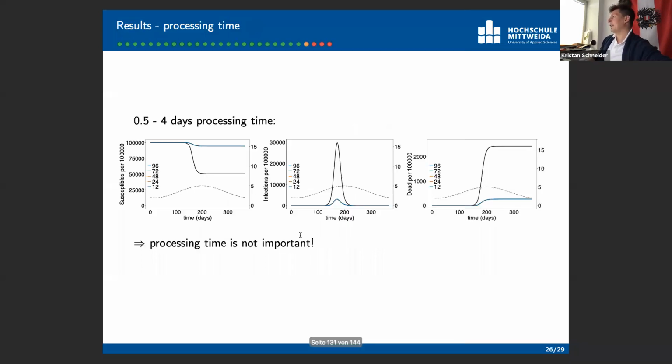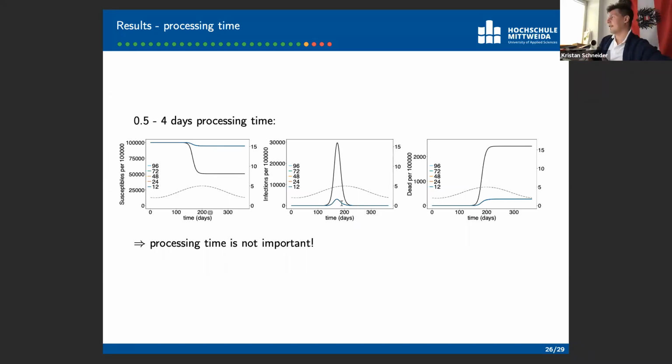Okay, and now let's look at the processing time. So processing time from 12 hours to 4 days. Here, again, the black line is obviously the comparison without the intervention. But what's clear here is you don't see any effect.